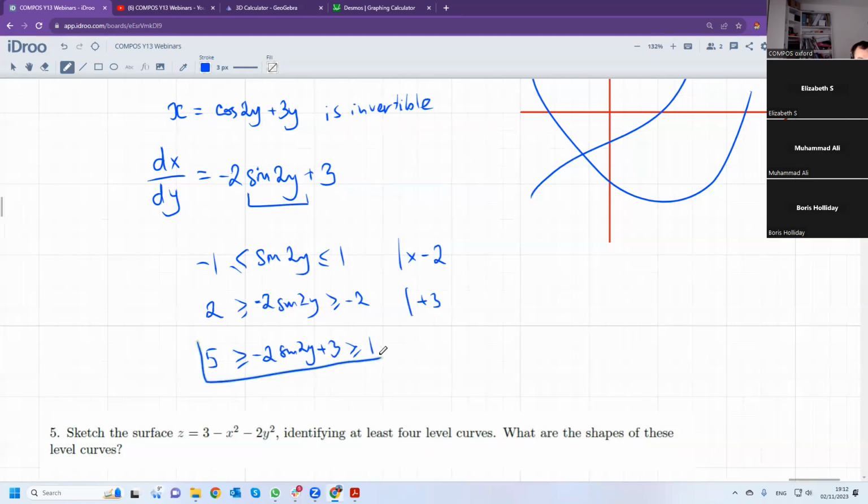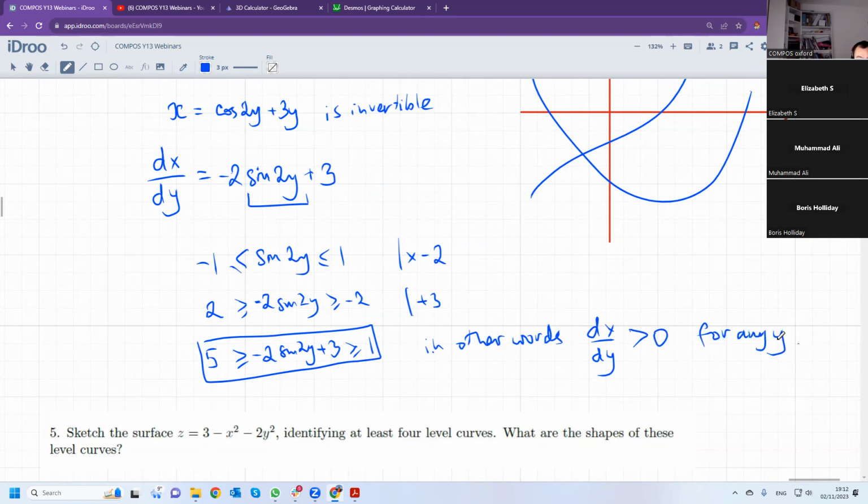In other words, dx over dy, the derivative of x with respect to y, is greater than 0 for any y.